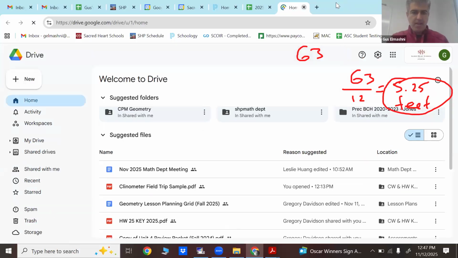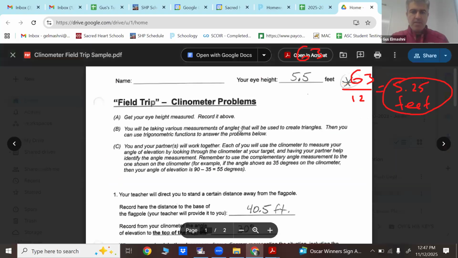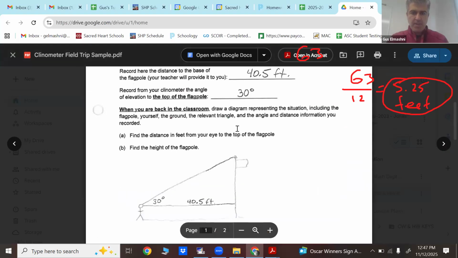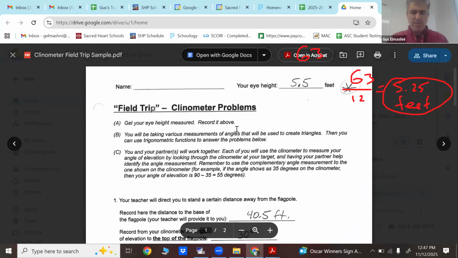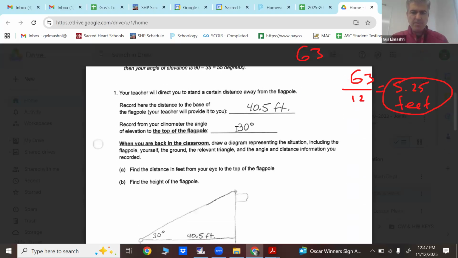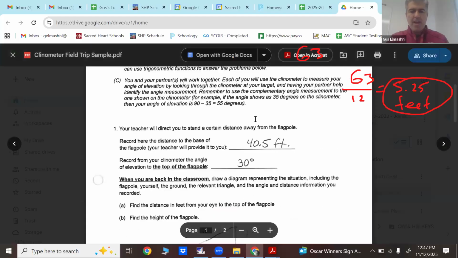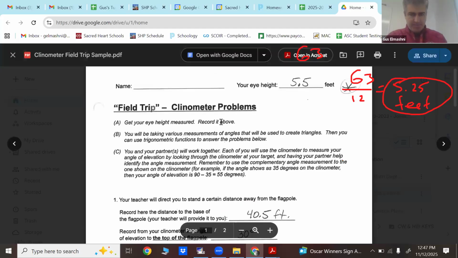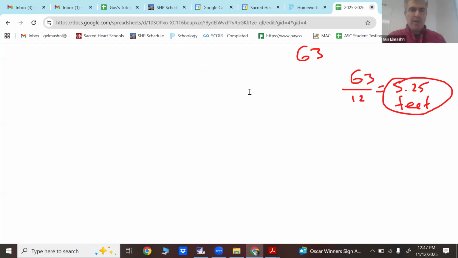Actually, I need to talk to Mr. Davidson because there's certain distances we need. I'll talk to Mr. Davidson about that because I need to give you that distance, but I don't know that distance, so that's okay. We'll figure it out when we get out there.